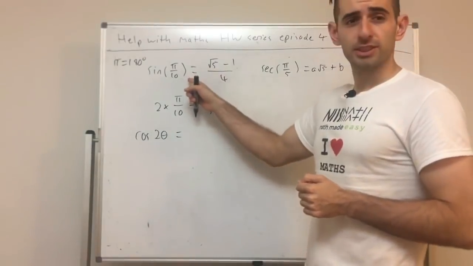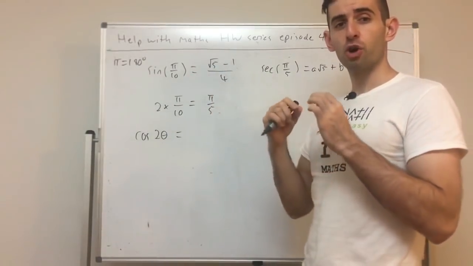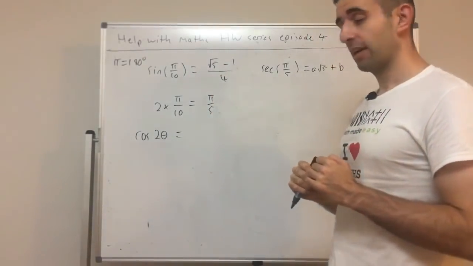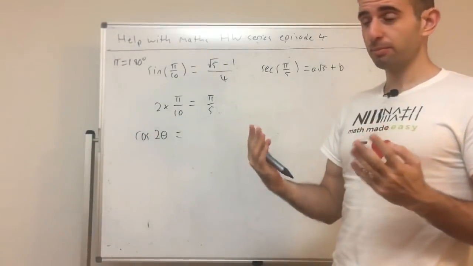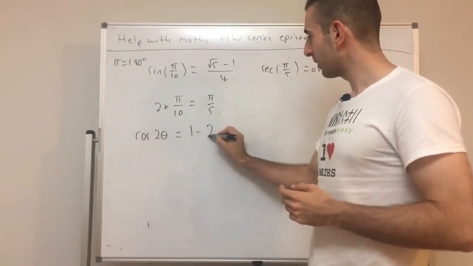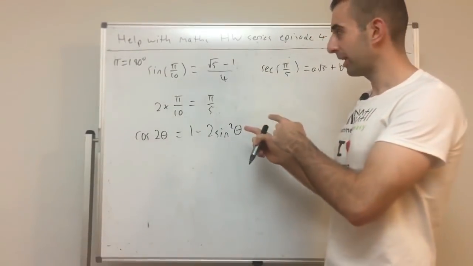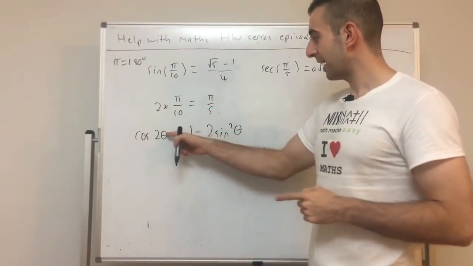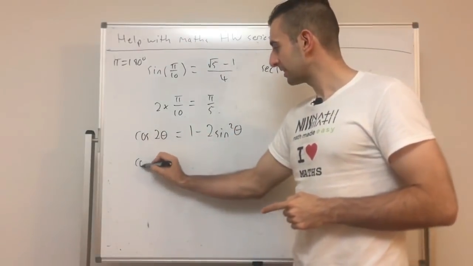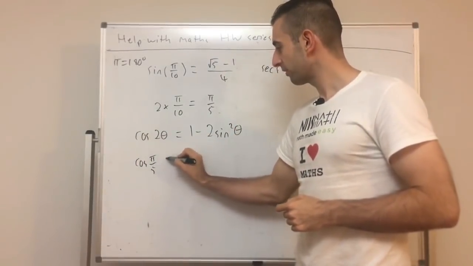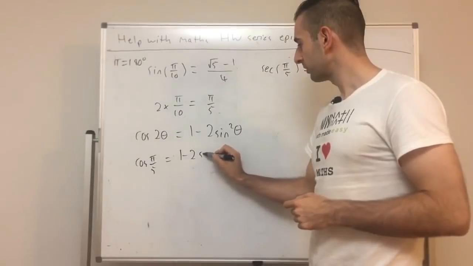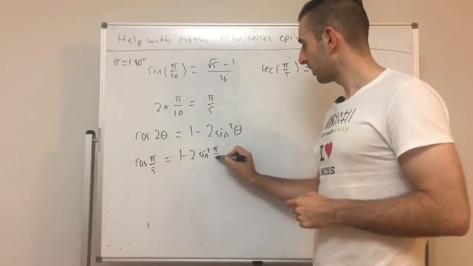Well, we know what the value of sine is. So that means we want the cos 2 theta formula that involves sine. There's 3 of them, but only one that has sine by itself, which is that one. So if I use this formula, sub theta as pi on 10, that means cos pi on 5 equals 1 minus 2 sine squared pi on 10.